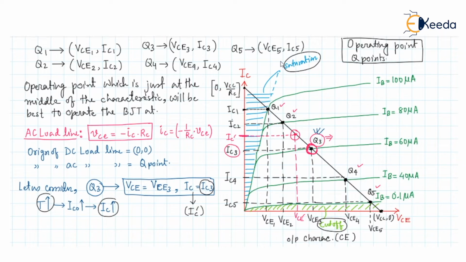This must be avoided. And this shifting of the Q point in transistor operation can be removed or balanced by a proper biasing circuit.